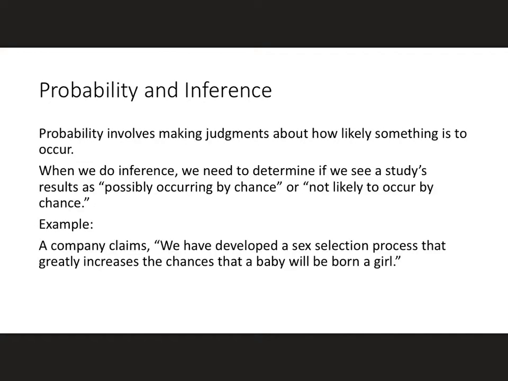Probability and inference. Probability involves making judgments about how likely something is to occur. When we do inference, we need to determine if we see a study's results as possibly occurring by chance or not likely to occur by chance. For example, a company claims, "We have developed a sex selection process that greatly increases the chances that a baby will be born a girl."